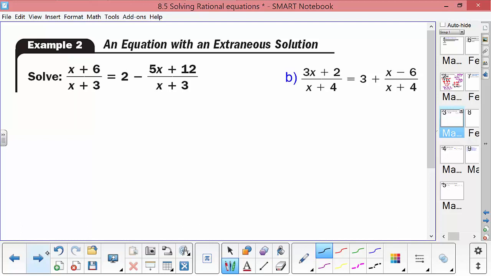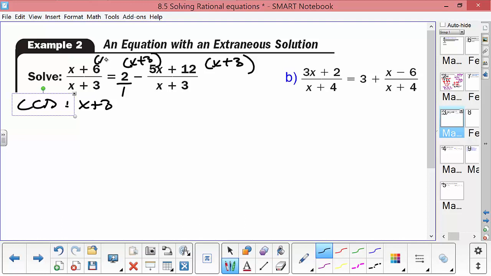So we'll start this question the exact same way. What is our common denominator? It's going to be x plus 3, because this is a denominator of 1. And therefore, I can multiply each term by x plus 3. So we'll simplify.